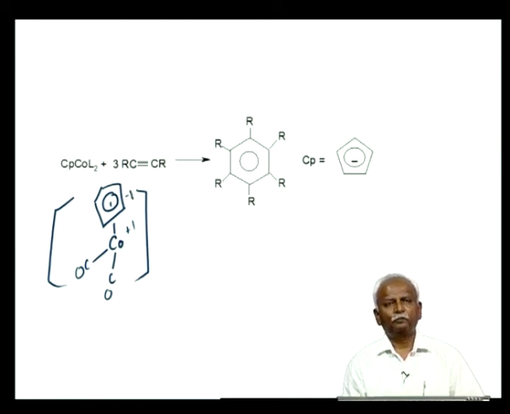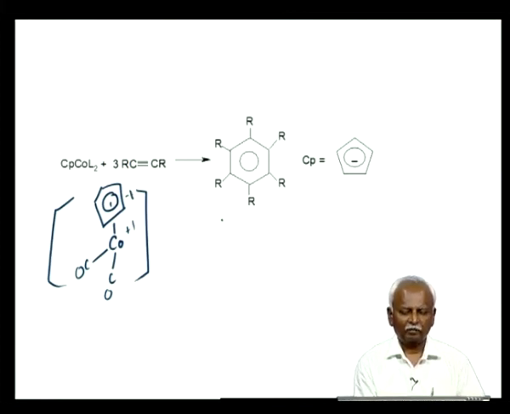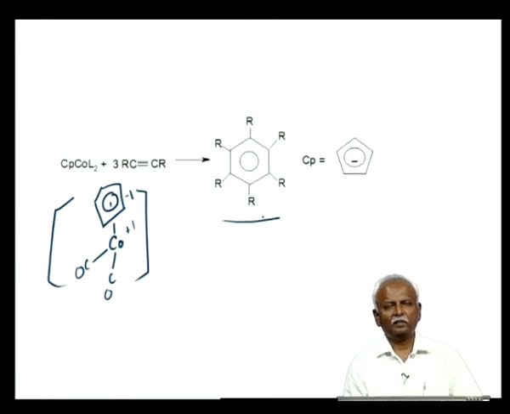So, if you react this cobalt molecule with acetylenes, you have at the end of the reaction the formation of aromatic rings. What is interesting is that this reaction is of course catalytic, what I am describing, but it can be done in a stoichiometric fashion also. It turns out to be very interesting, because it is a convenient way of generating an aromatic molecule starting with simple acetylenes.